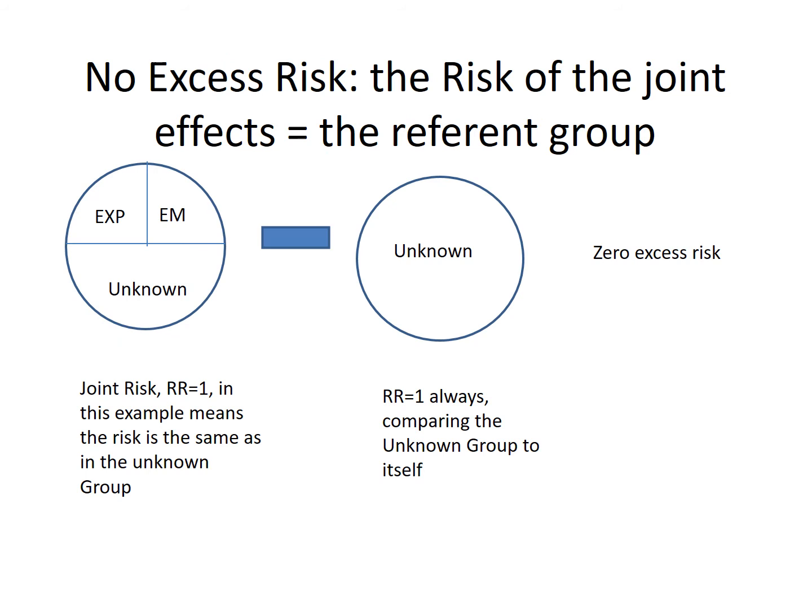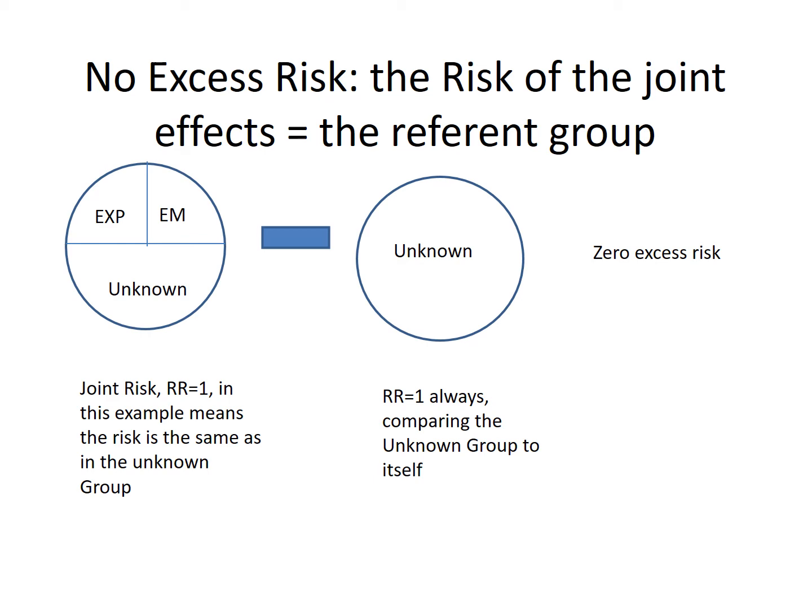So just going back to the concept of what it means when there's no excess risk, that just means that your risk related to both conditions together is 1, the same as your referent group. So if it were 1 minus 1, it would be 0 excess risk.